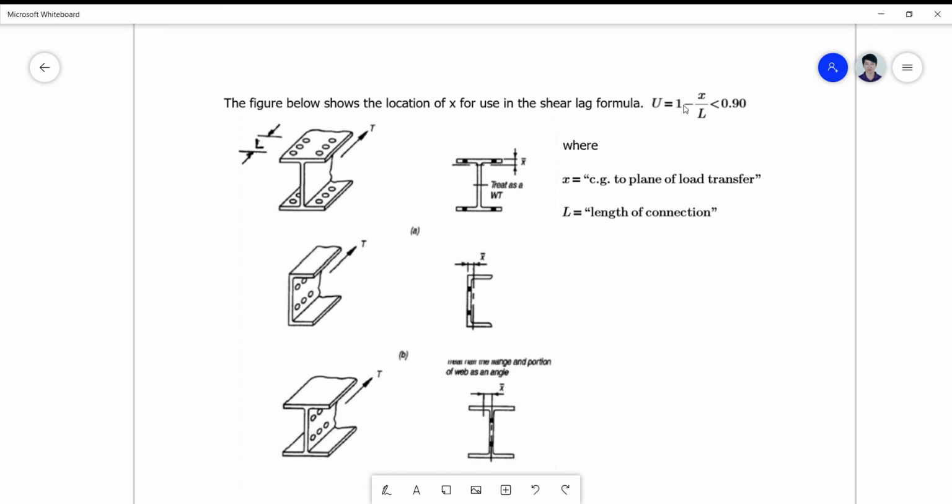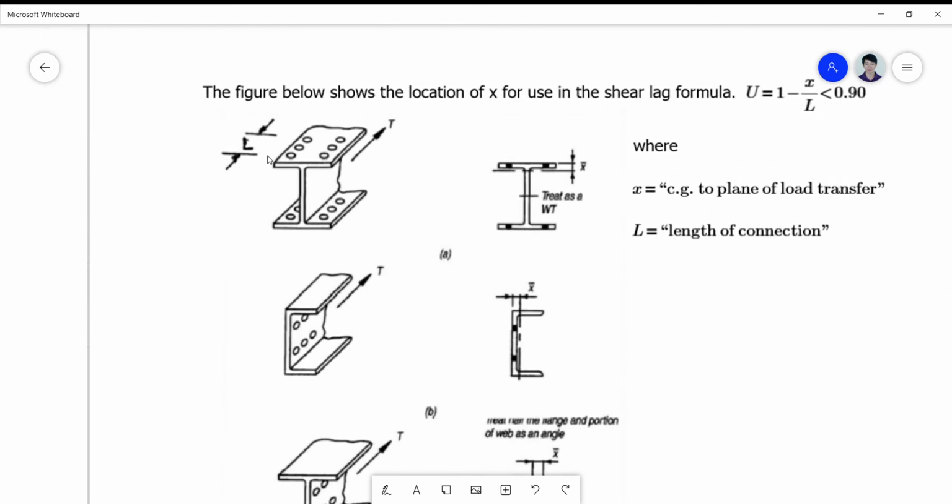So the problem now is where to find X bar or X, and this is simply the distance from the centroid of the element to the plane of load transfer, and L is the length of connection. So these are now the basis for this connection on the flange.